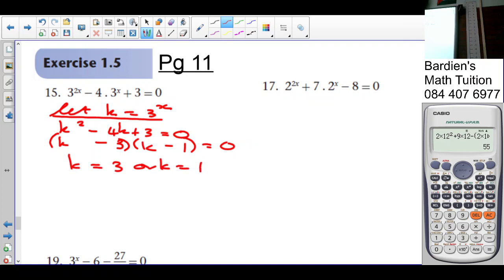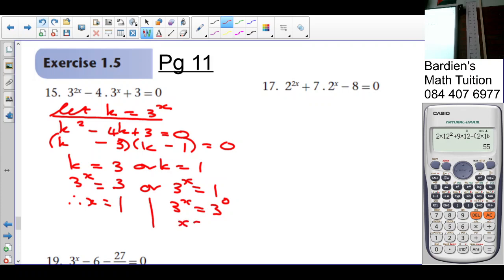What is k? 3 to the x. So 3 to the x is equal to 3, I'm getting it from here, or 3 to the x equal to 1. So what can I say here? Therefore, x is equal to 1. Or 3 to the x is equal to 3 to the 0. Anything to the power 0 equals 1. Therefore, x is equal to 0. You guys get that right? Any confusion there?